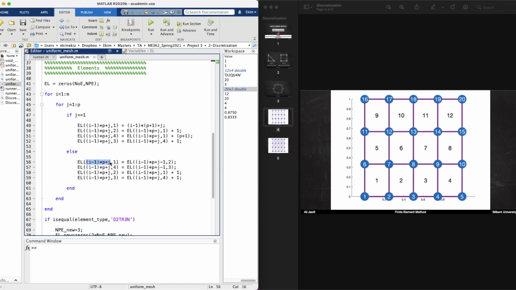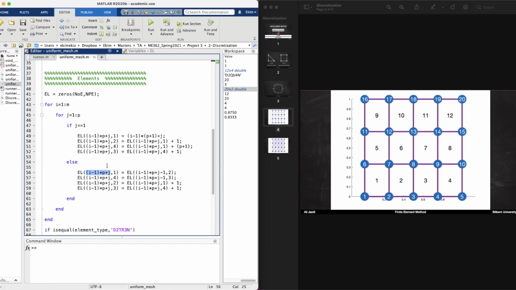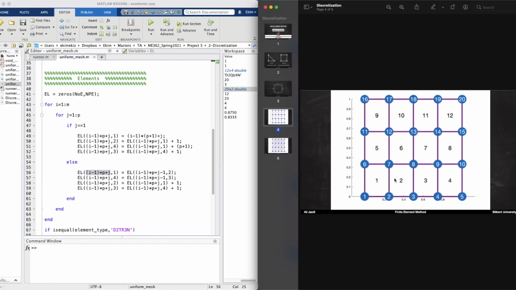Okay, so don't look at this index. It's just an index. So we are at some element. So let's say it's element 2, and the first column of element 2, so the first node. So we're looking at this node, right? It is, in fact, the second node of the first element. So this is the first element.